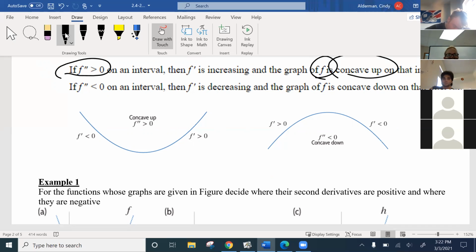That's what I want you to glean from that information. Then if it's below the x-axis, then the original function will always be concave down.